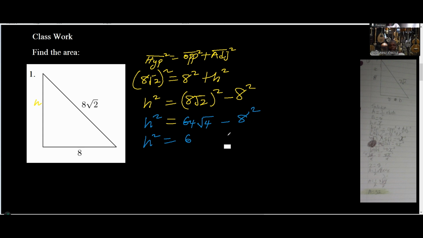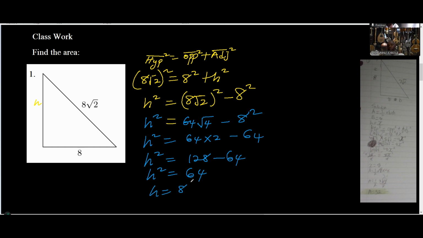This is 8 squared. So we have 64 times 2, because the square root of 4 is 2, minus 64. Then h squared equals 128 minus 64. So h squared equals 64. h is going to be 8 because the square root of 64 is 8. Is that clear?